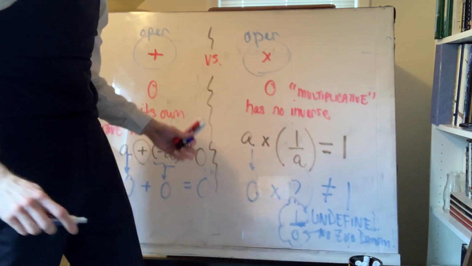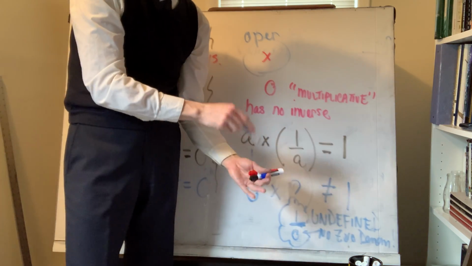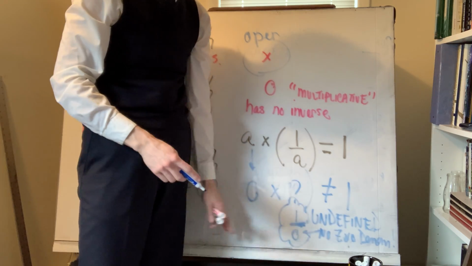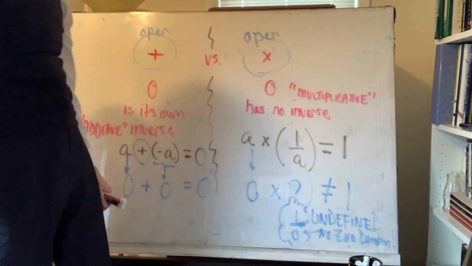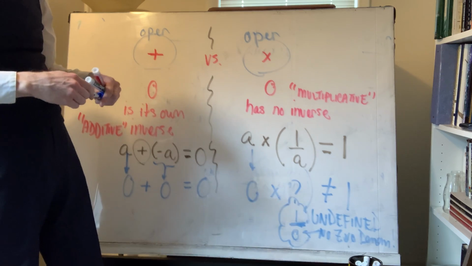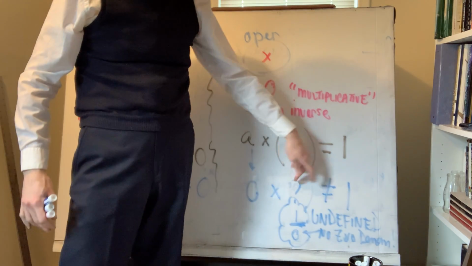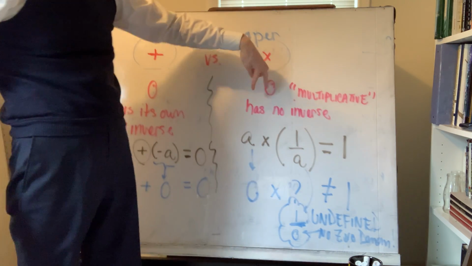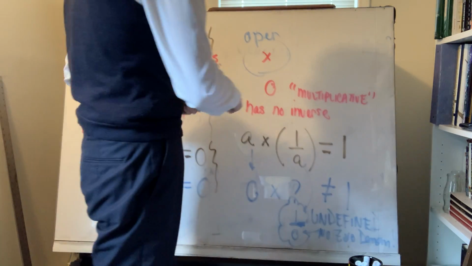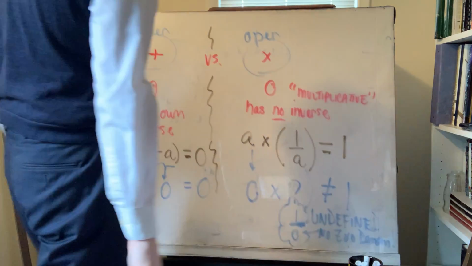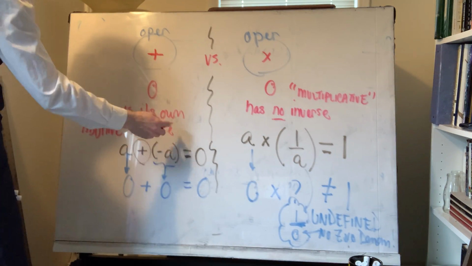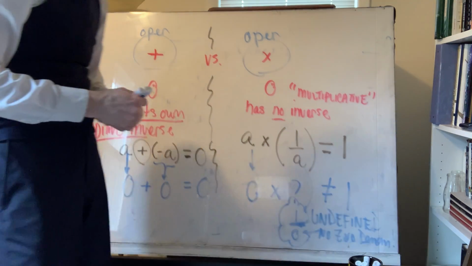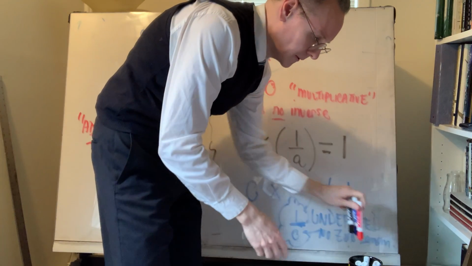If you took your calculator and you pressed 1 divided by 0 rather than 0 divided by 1, you would get an error message because you can't divide by 0. You could divide into 0 but not by it. How come? There's no relationship that would produce this result. So when it comes to multiplication, 0 has no multiplicative inverse. When it comes to addition, 0 is its own additive inverse. Just something to be careful of.